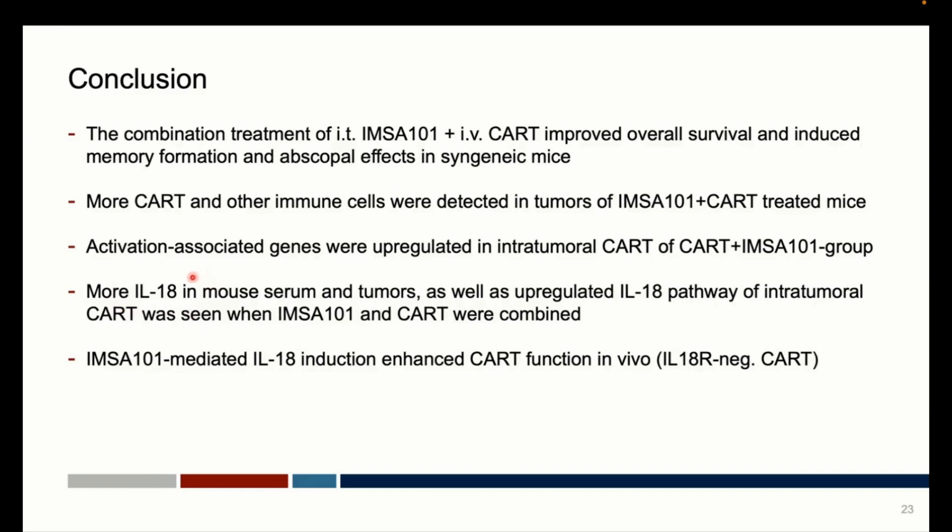So we could see this in the cytokine data of the tumors. We also checked the cytokines in the serum and the RNA scope data. And in our transcriptomics data, we saw that the treatment with STING agonist resulted in upregulation of the IL-18 pathway of the intratumoral CAR T cells of the combination treatment group. And this STING agonist-mediated IL-18 induction enhanced CAR T cell function in an animal model in vivo.